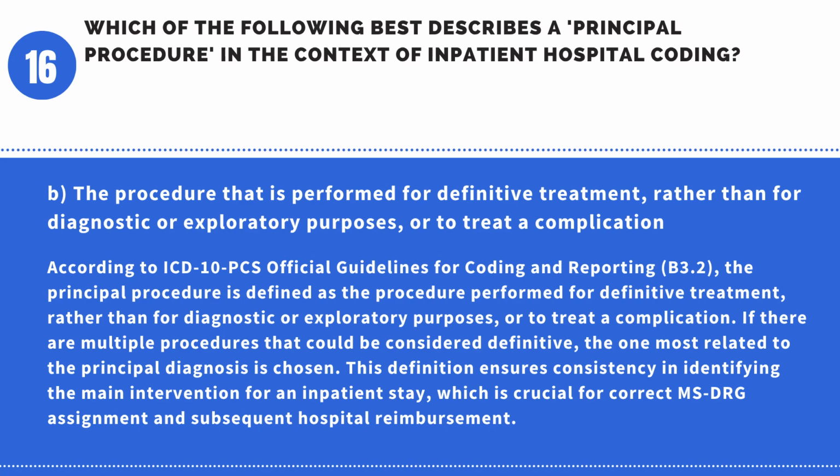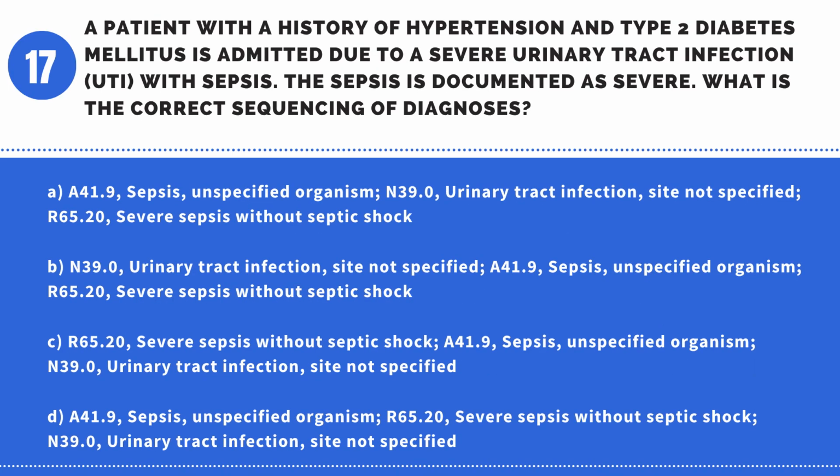If there are multiple procedures that could be considered definitive, the one most related to the principal diagnosis is chosen. This definition ensures consistency in identifying the main intervention for an inpatient stay, which is crucial for correct MS-DRG assignment and subsequent hospital reimbursement. Question 17.